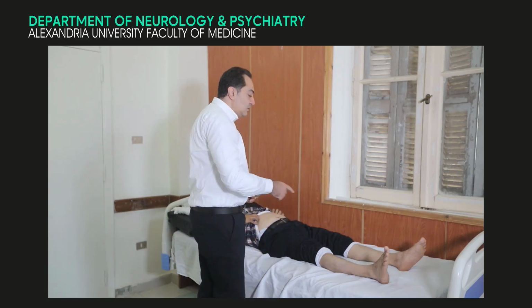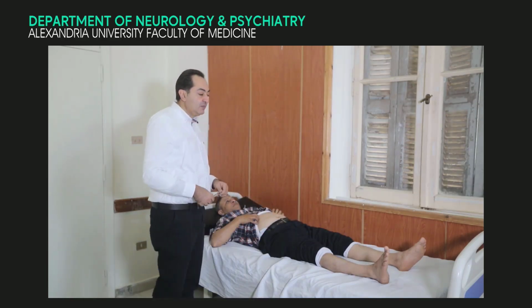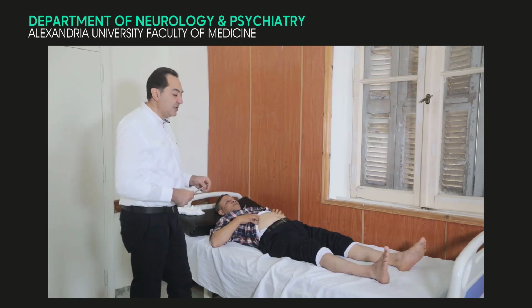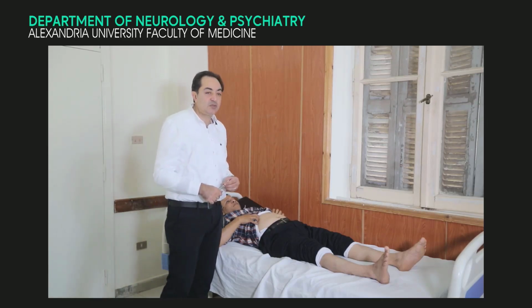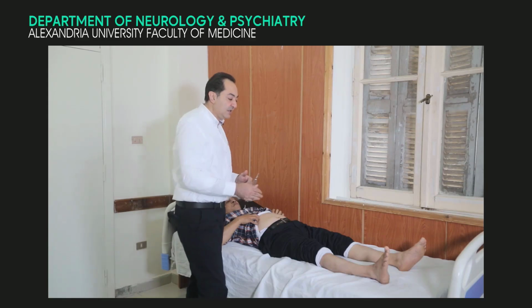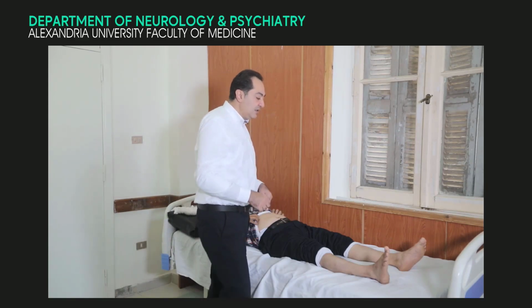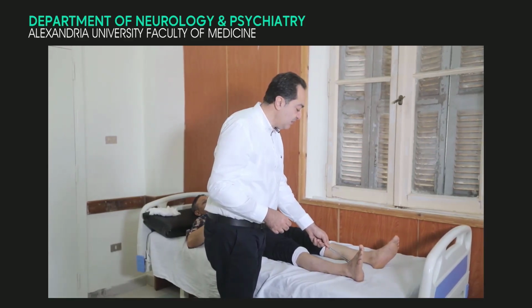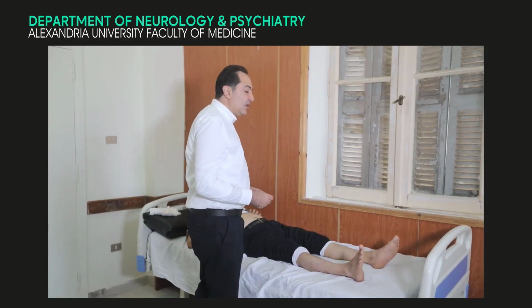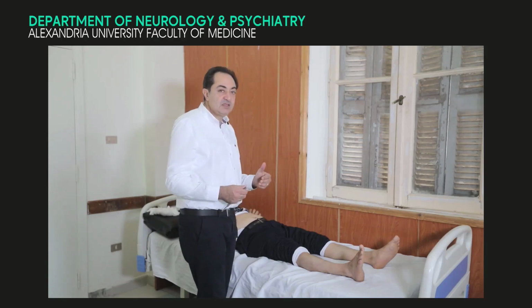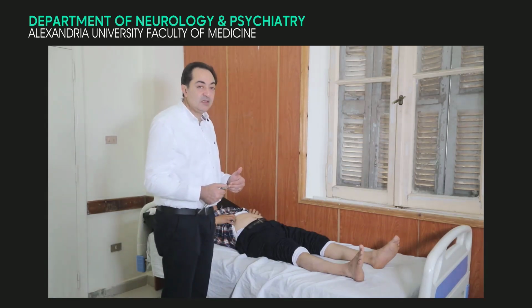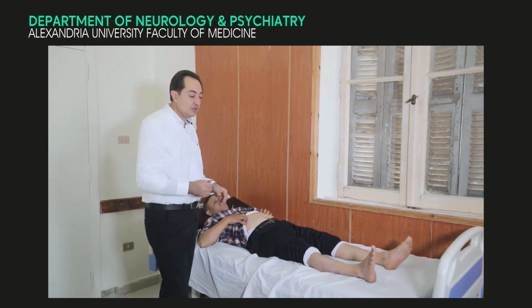So if the patient feels here, the deep sensation that is carried by the posterior column is intact. If the patient doesn't feel this at the medial malleolus, we are aiming to see if this is a peripheral neuropathy or a spinal cord lesion.